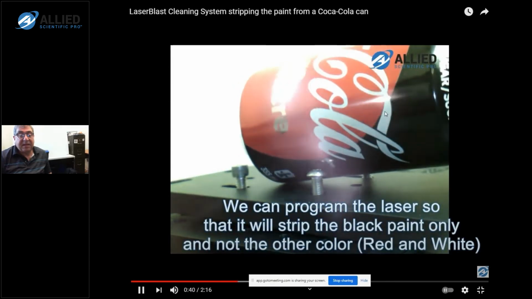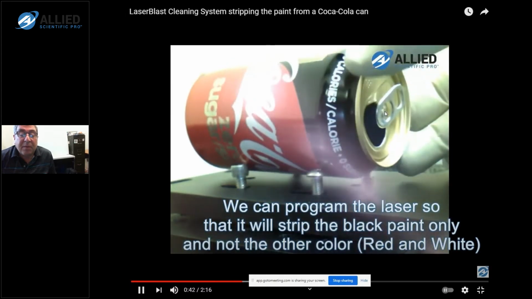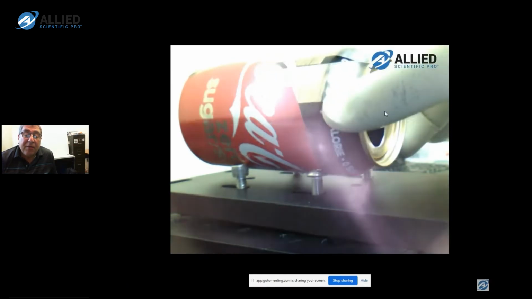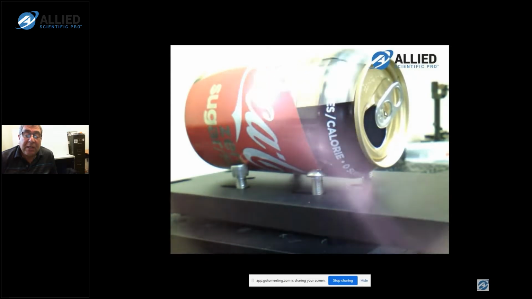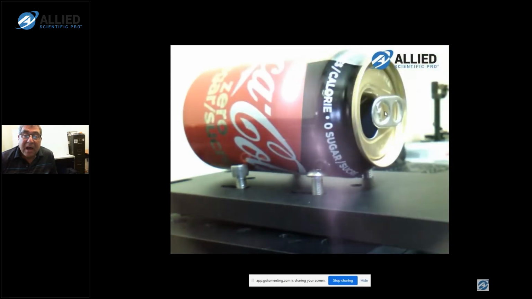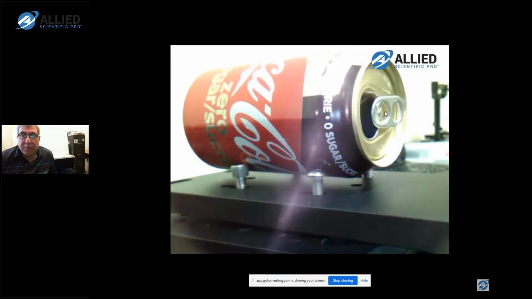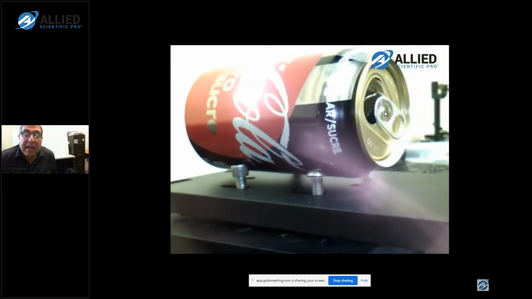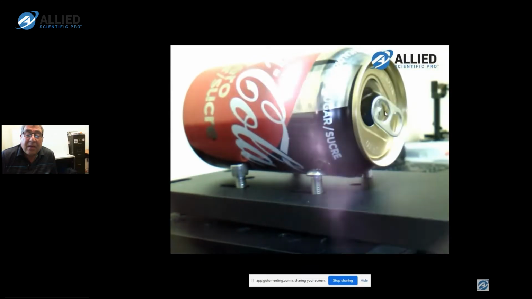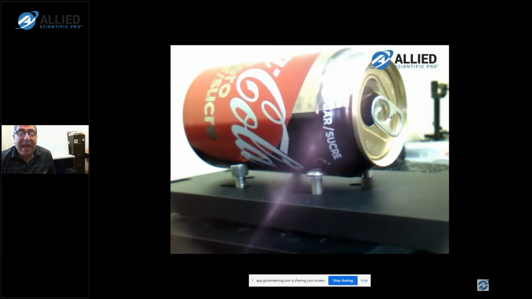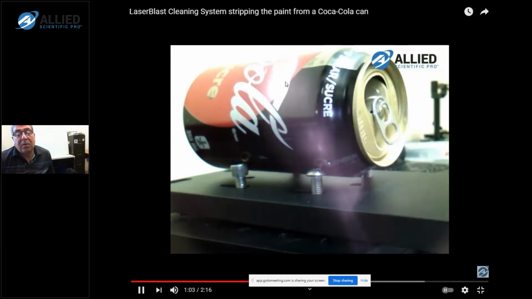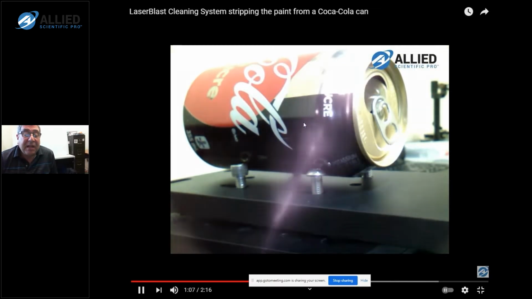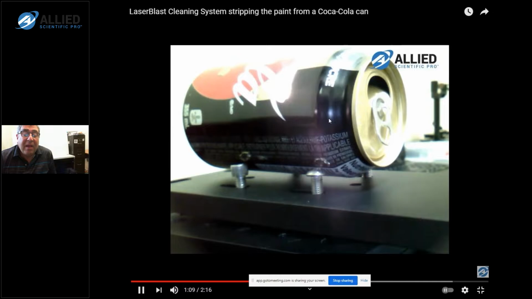And the reason for that is the absorption coefficient of the black paint is higher than the red and white. So if you tune the laser energy, the fluence, so that it's above the black absorption coefficient and below the red and white, it will only remove the black, although it's shining on the white and red. So that is a very big advantage that other methods could not have.